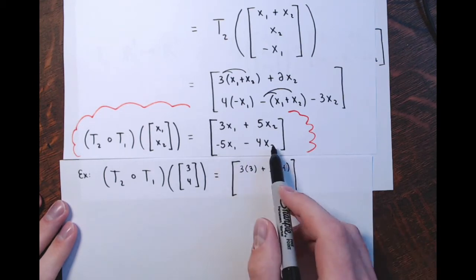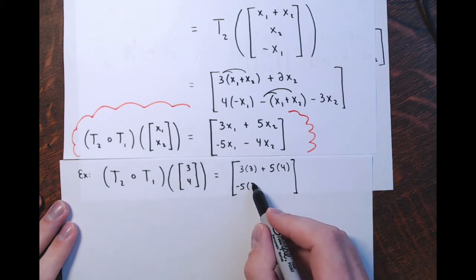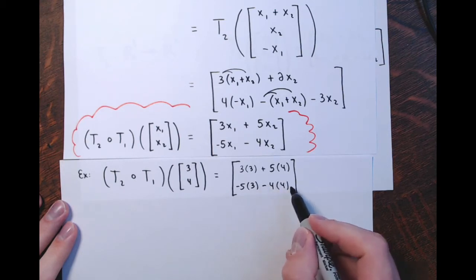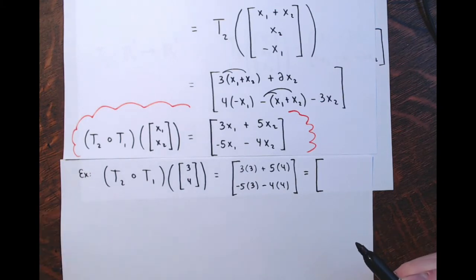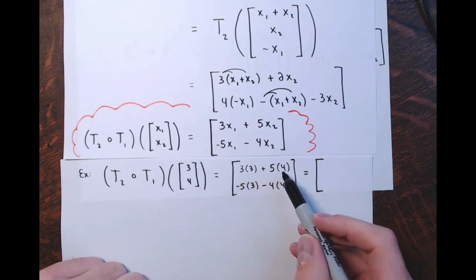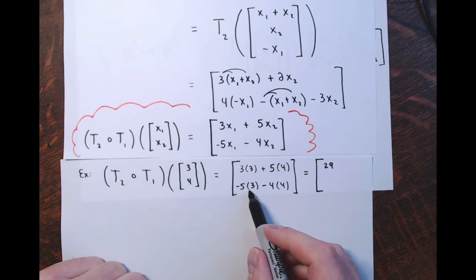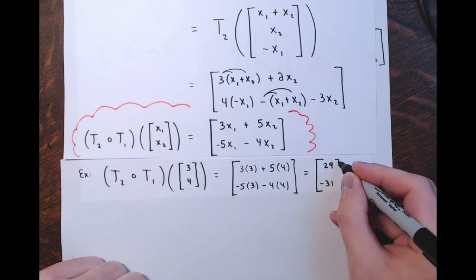And then for the second component of the output, negative 5 times x1, which is 3 here, minus 4 times x2. And so the output for this composite transformation, when the input was the vector 3, 4, would be 9 plus 20, so 29 for the first component, and negative 15 minus 16, negative 31 for the second component. Right?